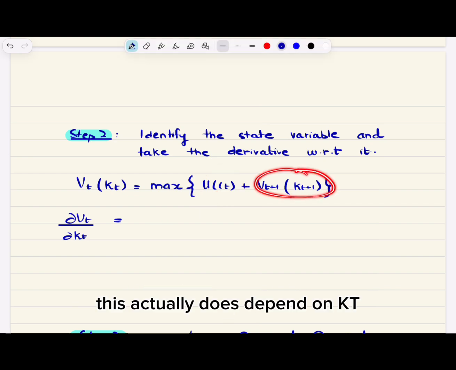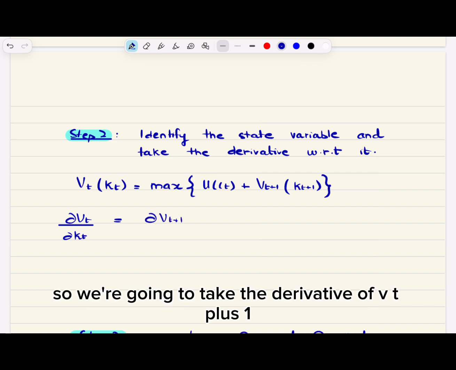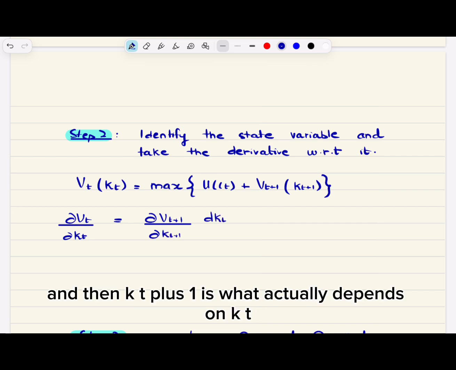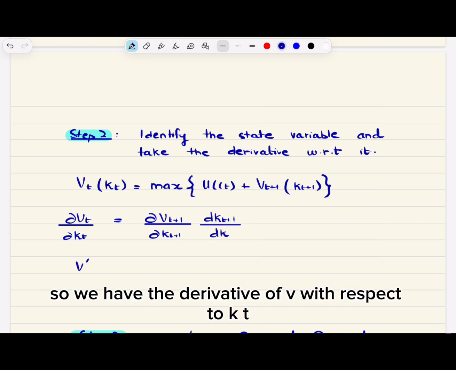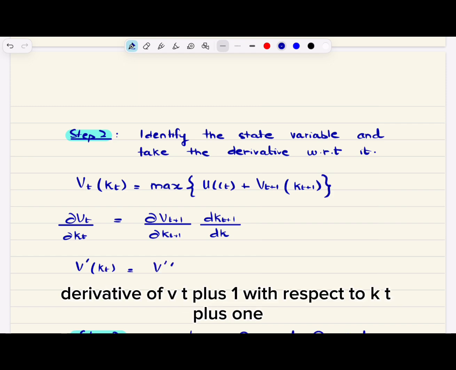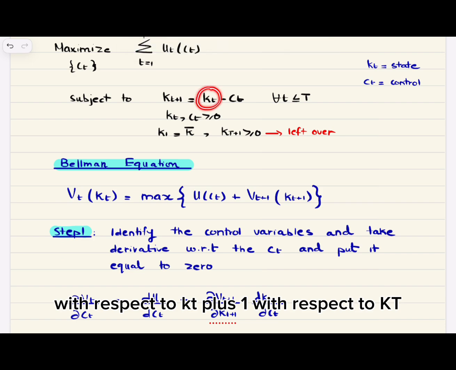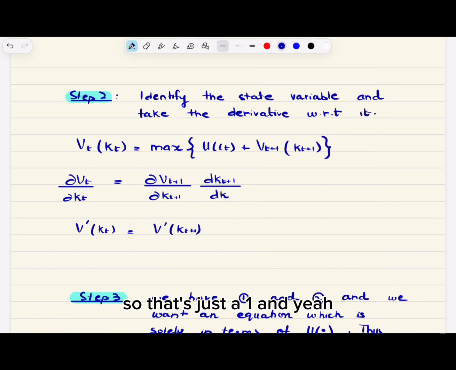This part does depend on k t because k t plus 1 depends on k t. So we take the derivative of V t plus 1 with respect to k t plus 1, and then k t plus 1 is what depends on k t. So the derivative of V t with respect to k t is equal to the derivative of V t plus 1 with respect to k t plus 1, and the derivative of k t plus 1 with respect to k t is just a 1, right? That's my equation 2.